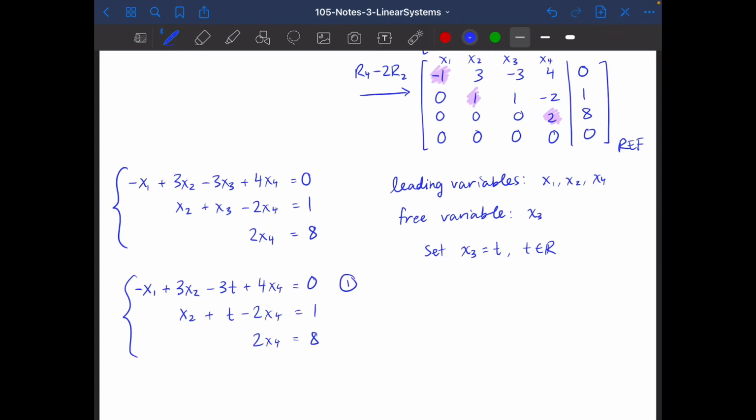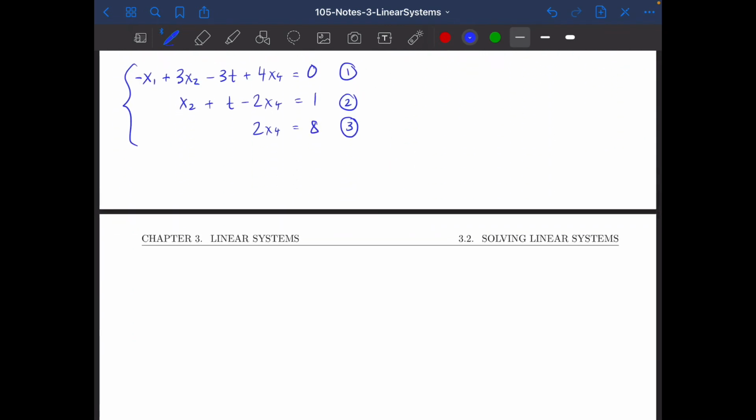We have three equations, 1, 2, 3. We'll start with equation 3. 2x4 equals 8. That means that x4 is equal to 4. We've successfully solved for x4. We move on to equation 2.